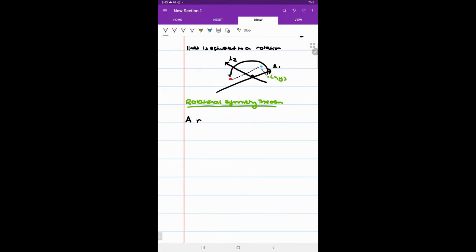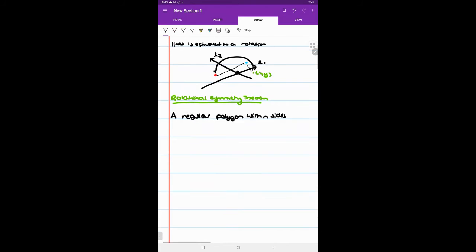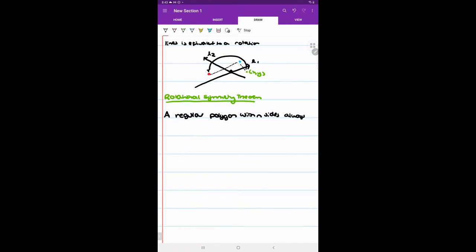It states that a regular polygon with n sides, so an n-gon, always has rotational symmetry with rotations in increments equal to its central angle of 360 degrees over n.